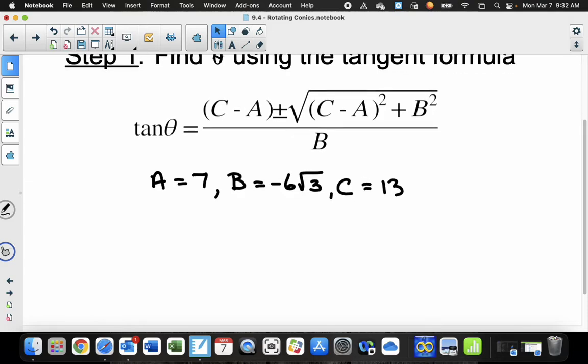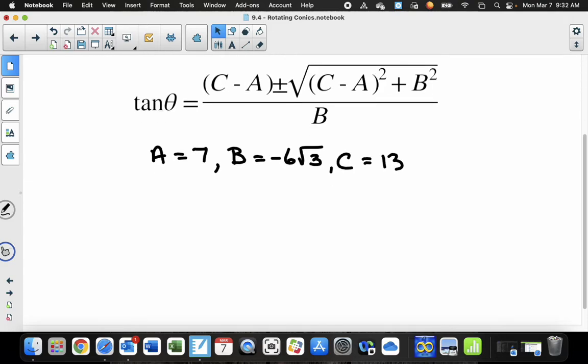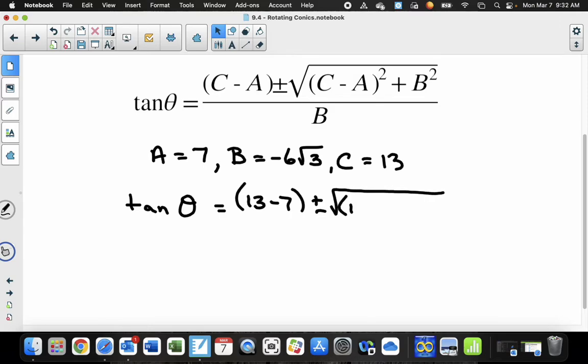All right. Let's substitute into our tangent formula. Let's take a, b, and c and substitute it in. So tangent of theta equals, for the first part, I'm just going to write it out, and then we'll evaluate from there. So in this case, we have 13 minus our a value of 7, plus or minus the square root of (13 minus 7) squared, plus our b value.